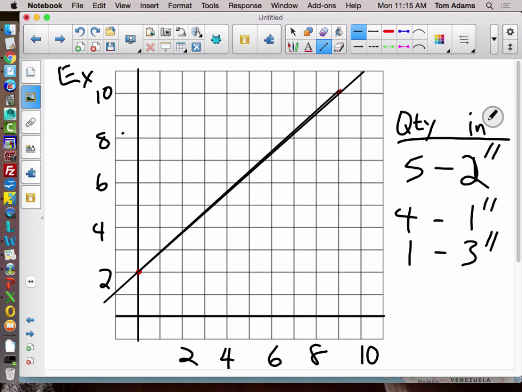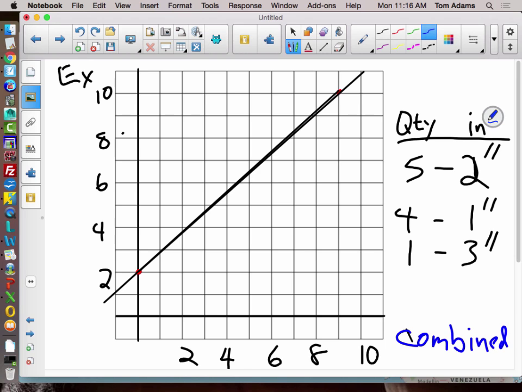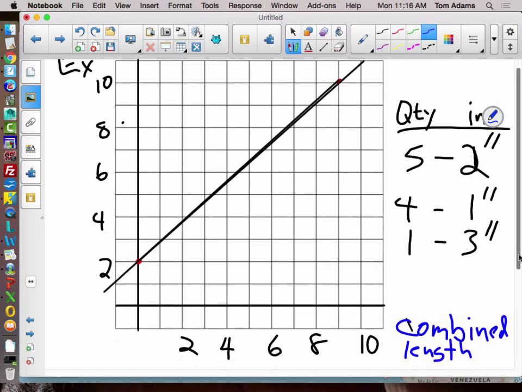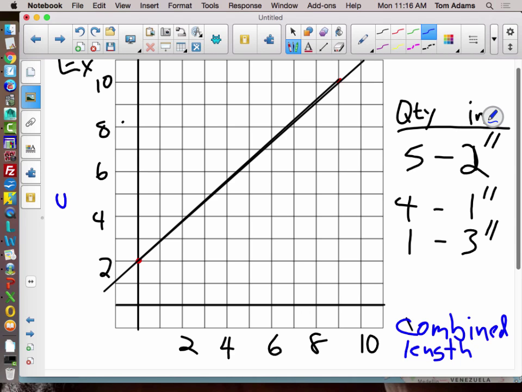And so we're going to have a line that goes from here to here. So that's our line. And we're trying to figure out how big, and this represents the combined length. So this is the combined length of the fish. And this right here is the capacity in gallons of the tank.